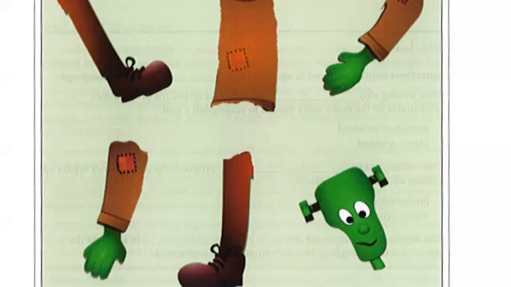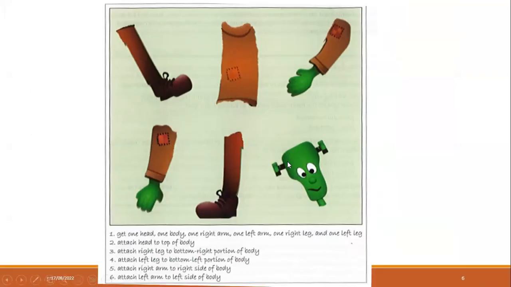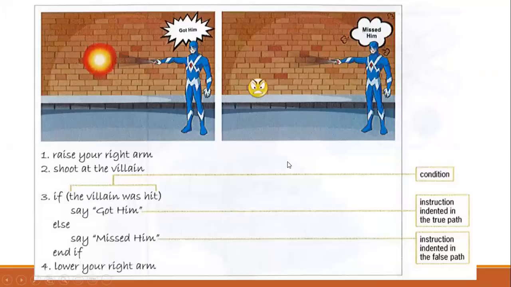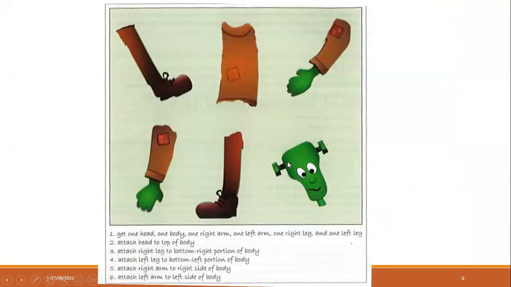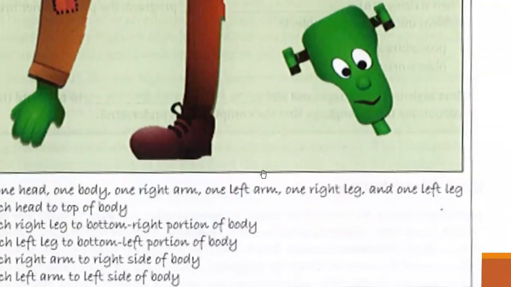That's because computer is a machine. You can't just say attach the head, because you have to say attach the head, top of the body. Likewise, you have to say, right? So in here, you can see an example of an algorithm.